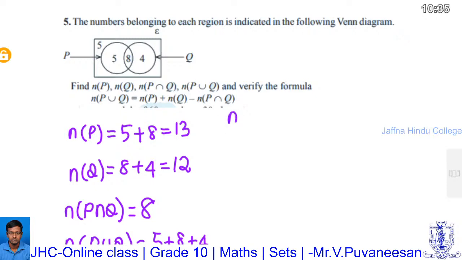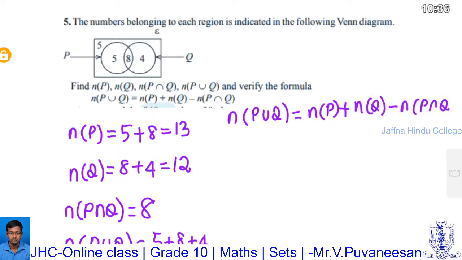Number of P union Q is equal to number of P plus number of Q minus number of P intersection Q. You have to verify this formula. So first we take LHS, then RHS, then we say whether this is the correct formula or not.